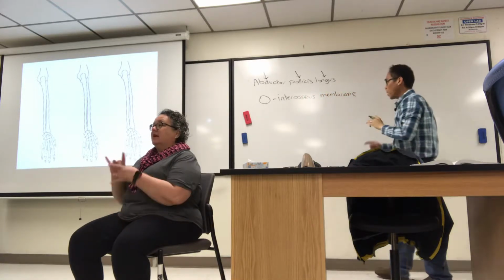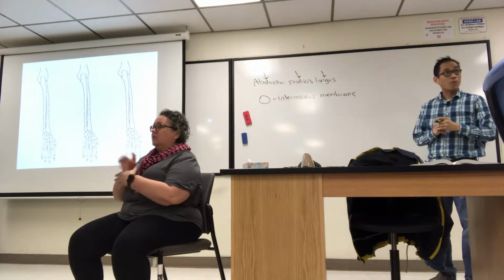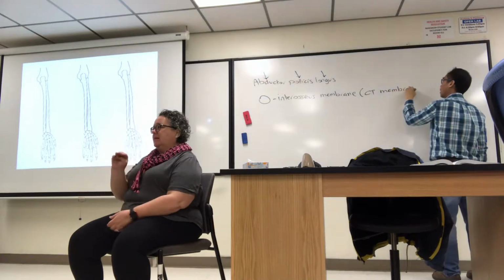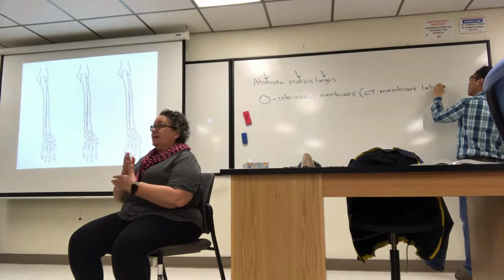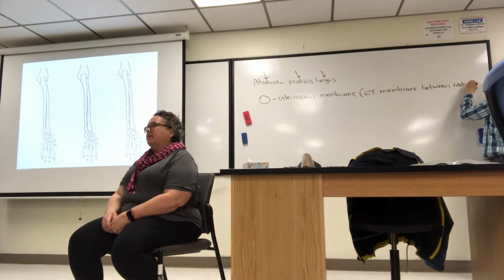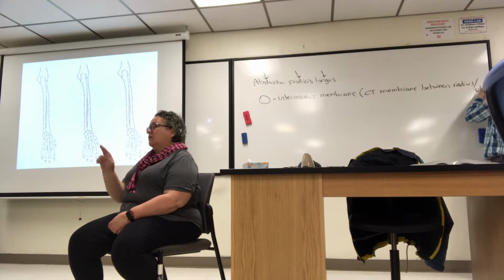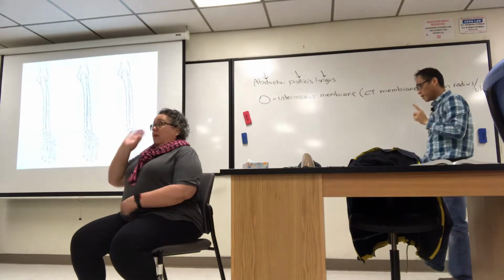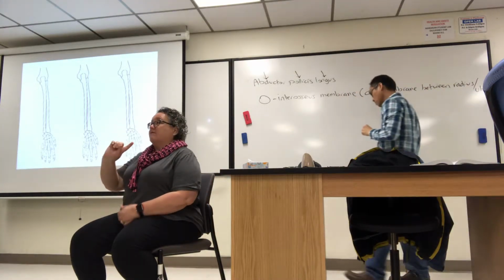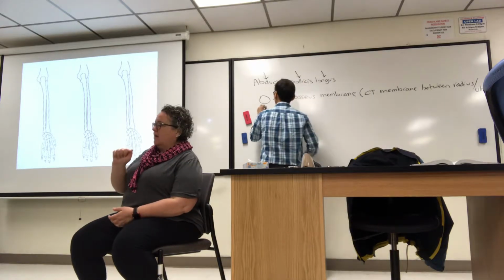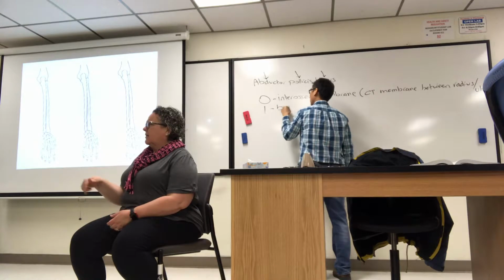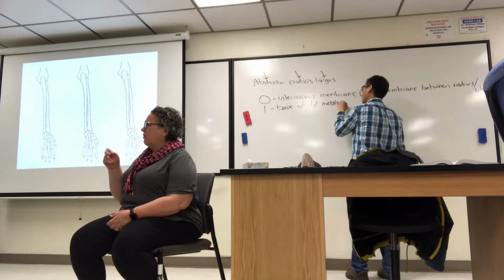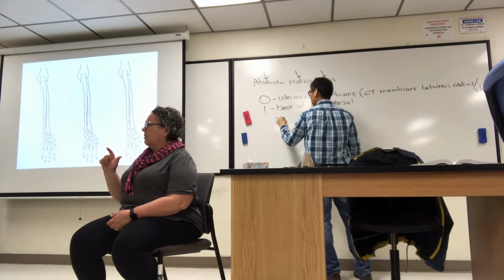It's a connective tissue membrane between radius and ulna in the forearm. And it's going to insert at the base of the first metatarsal. Action, as I said, abduct.